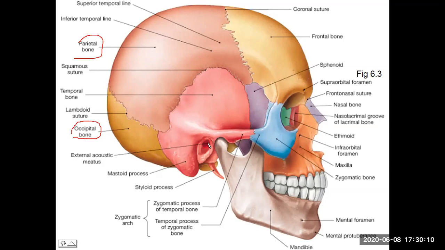You could look for the ear canal. That's a good indication for the temporal bone on the lateral side of the cranium. The sphenoid bone, we see here a portion of it from the lateral side. The sphenoid bone is a portion of the bony orbit, a portion of the eye socket as well.